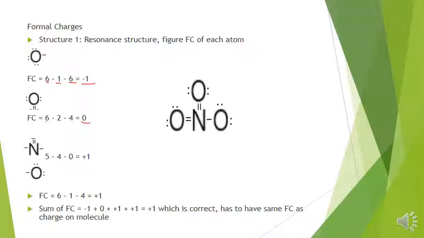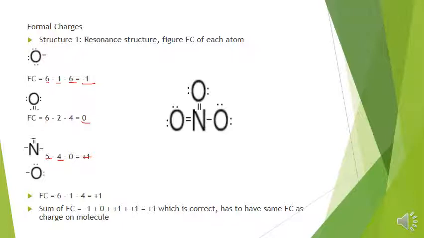For nitrogen, it has a valence of 5 minus 4 minus no lone pairs, so it has a plus 1. And the final oxygen had 1 bond and 2 lone pairs, so it's 6 minus 1 minus 4, which equals plus 1.